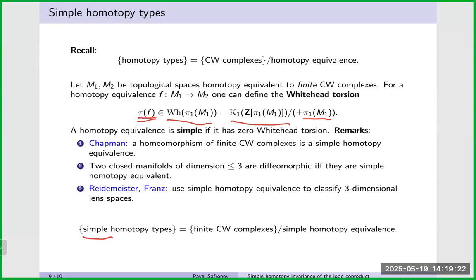Okay, so that's just some property of homotopy equivalences of finite CW complexes. So you can think about various weakenings of the notion of homotopy equivalence. Maybe the strongest notion you can think about is a homeomorphism. A homeomorphism, by a theorem of Chapman, is a simple homotopy equivalence.